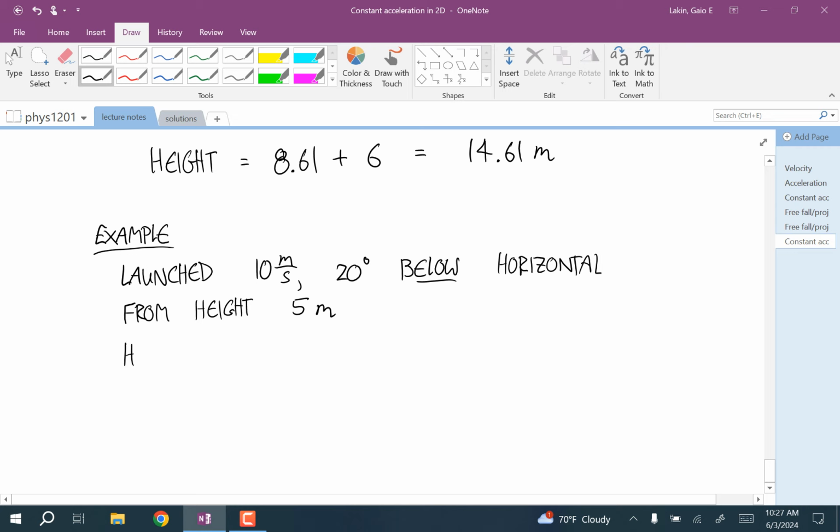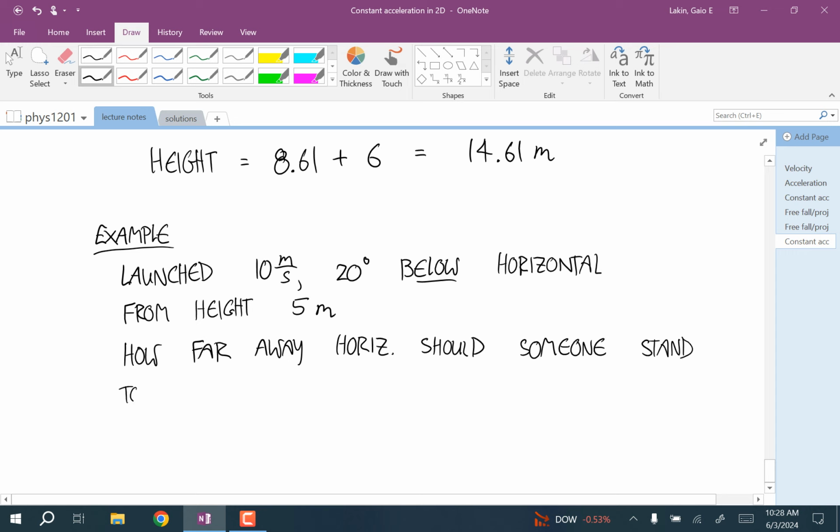And we want to know how far away horizontally should someone stand to catch the ball 1 meter off the ground.